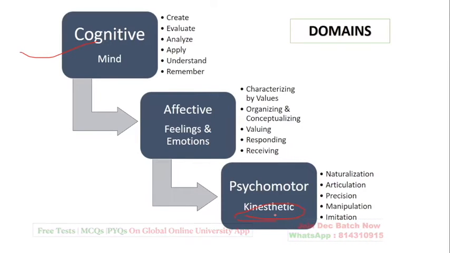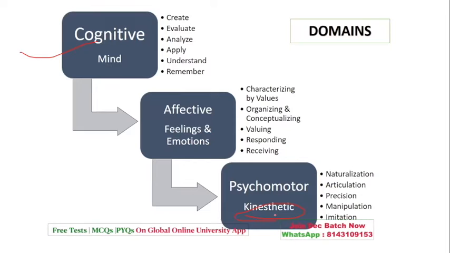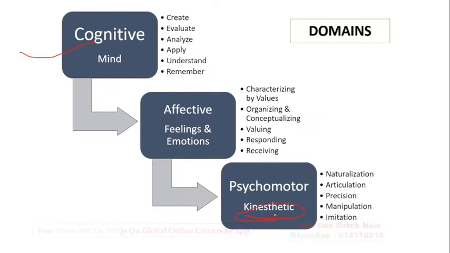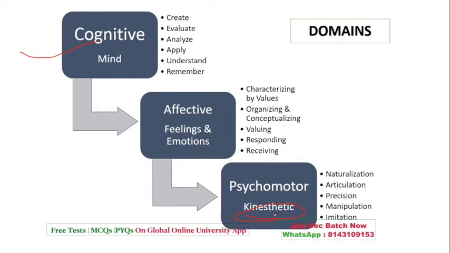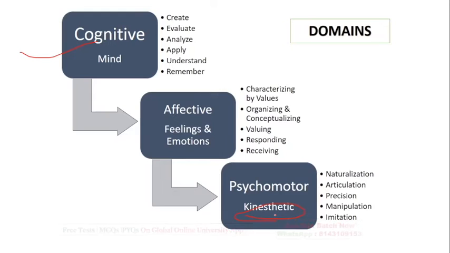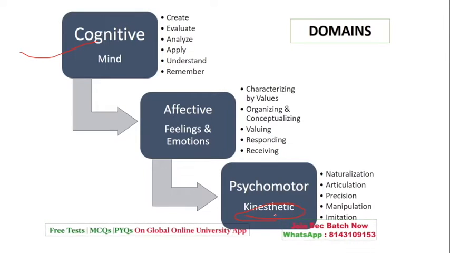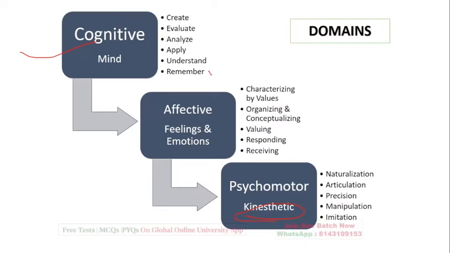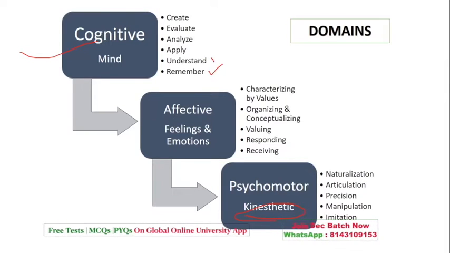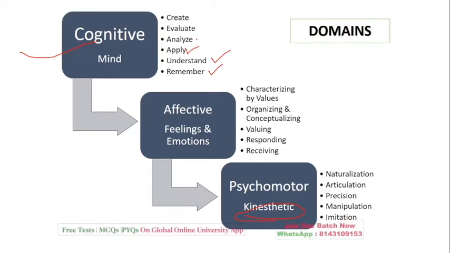I have done all this in my MCQ practice, but here let's quickly focus on the various types of domains. When it comes to the cognitive domain, which we just did, it starts with remembering, understanding, applying, analyzing, evaluating, and finally creating.